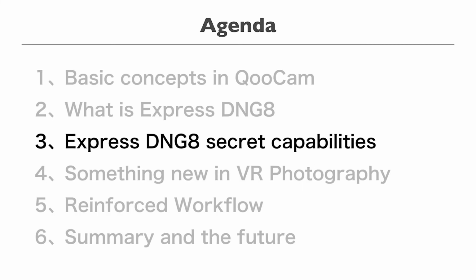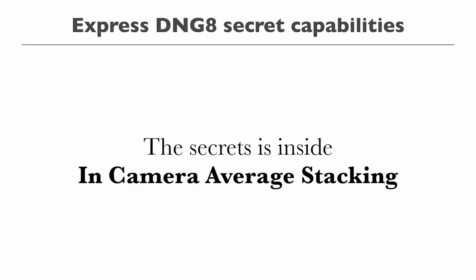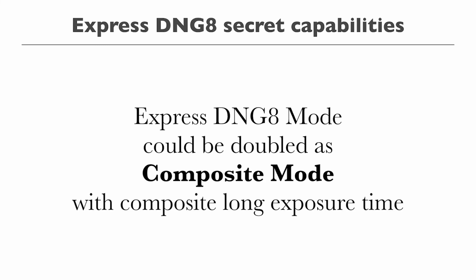Next topic is Express DNG8 and its secret capabilities. The secret is inside the in-camera average stacking. Express DNG8 is average stacking, but the stacking process is completed in camera, which unleashes a huge potential in VR photography. Other camera manufacturers like Ricoh, for the Ricoh Z1 and the Ricoh GR3, which are very good cameras, have a very special mode called composite mode.